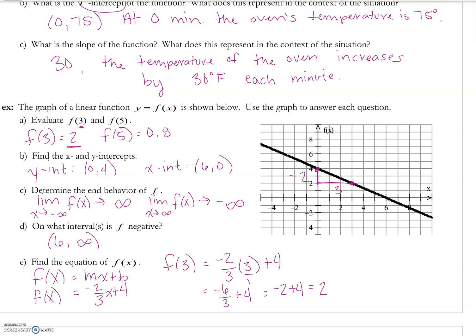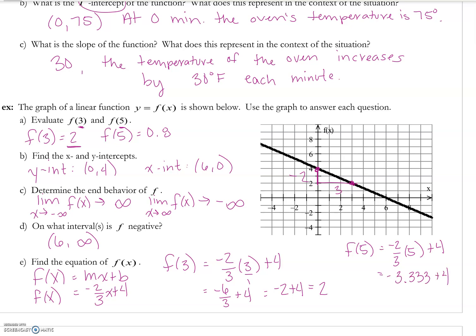Now, if I try f of 5, the one that we did have to kind of estimate, I can probably get a more exact answer. So negative 2/3 times 5 plus 4. Negative 2 times 5 is negative 10. Negative 10 divided by 3, let's see, that would be negative 3.333 plus 4.